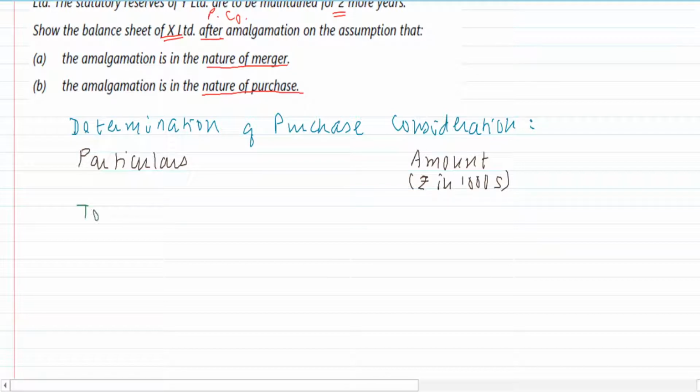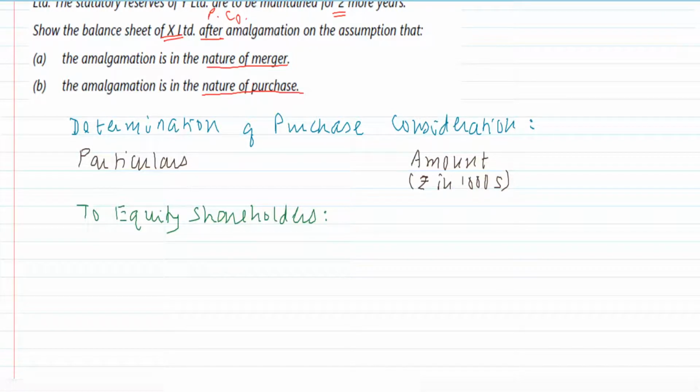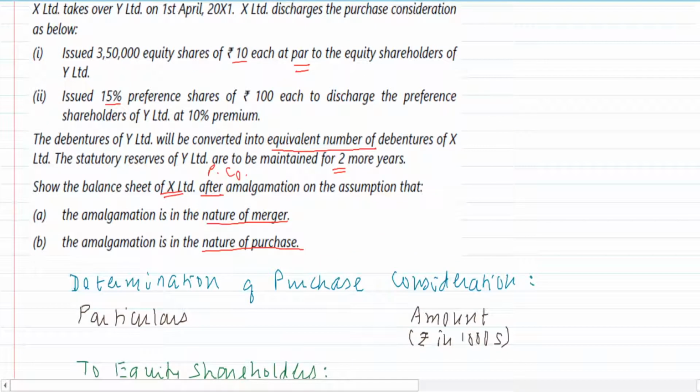We say to equity shareholders, use that information. One, we are going to issue 3,50,000 equity shares of rupees 10 each at par to the equity shareholders of Y Limited. Figures are in thousands over here.